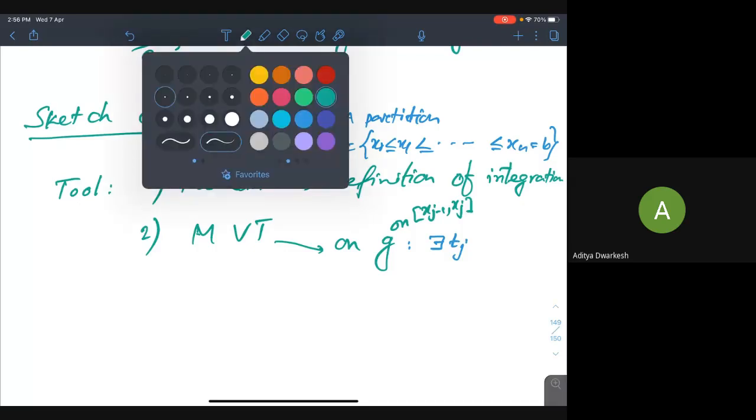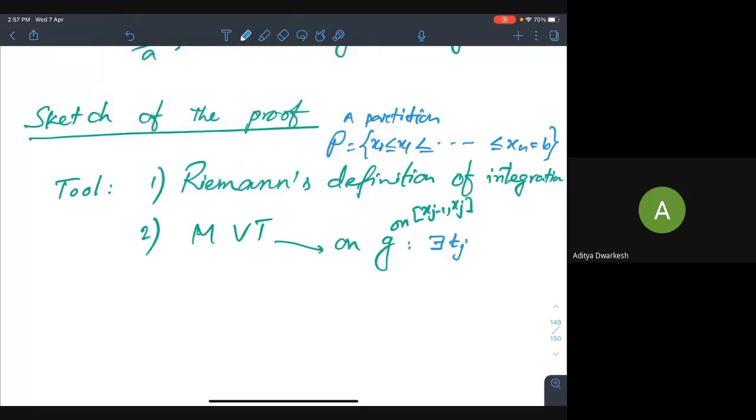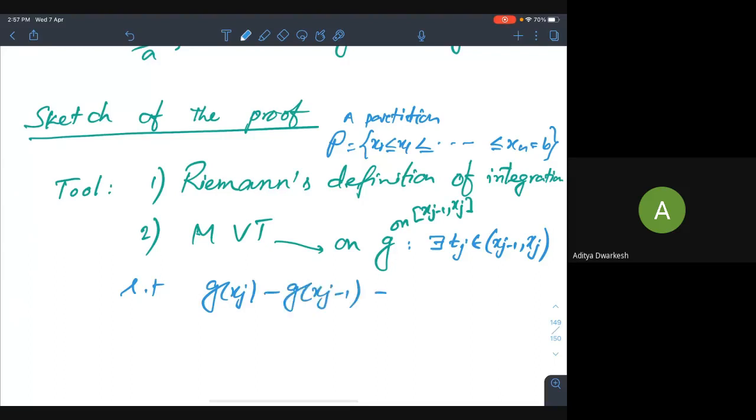So there is a point tj in (xj minus 1, xj) such that g(xj) minus g(xj minus 1) equals (xj minus xj minus 1) times f of tj.